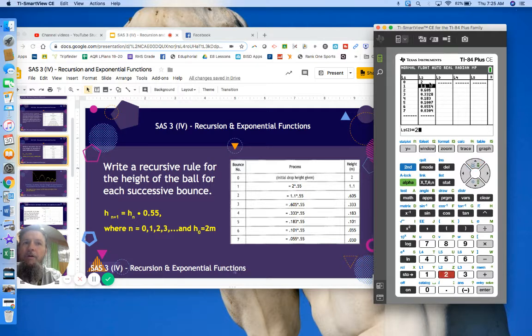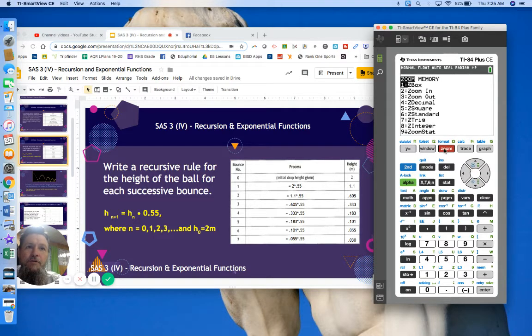So 2 times 0.55, if I put that in here, I should get 1.1, and I do. So that's what I did for all of these. And if I want to graph it, of course, we're going to hit zoom 9. So zoom 9. There it is.